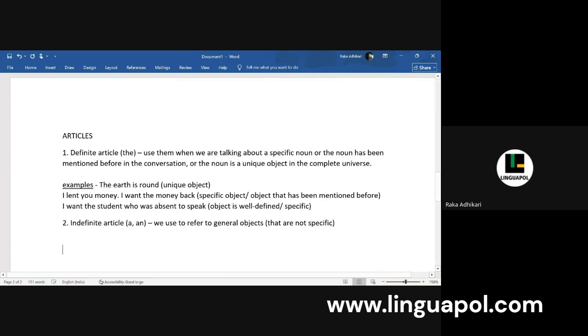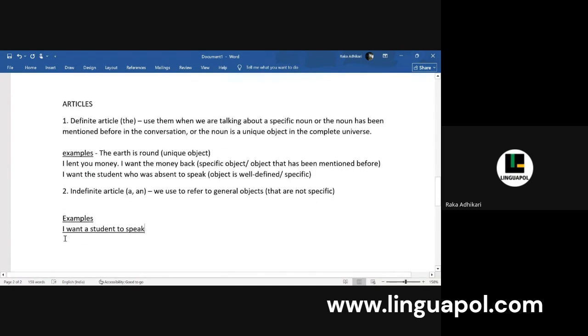But if I say I want a student to speak, in this case, any student can speak. I'm not mentioning which student has to speak. I'm just saying I want a student to speak. That means I want someone to speak. So this is general, undefined. Anyone can speak.